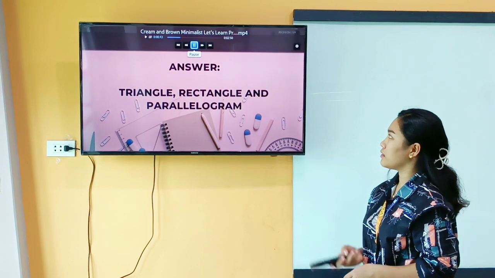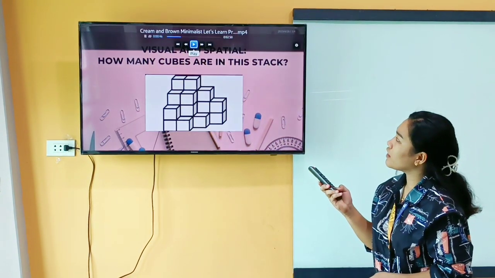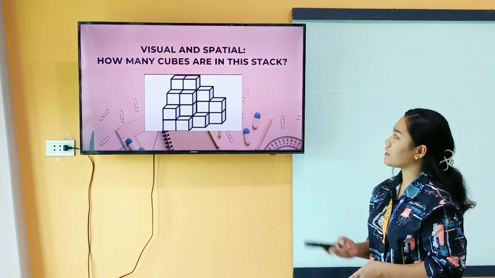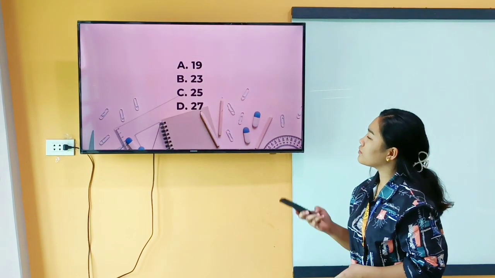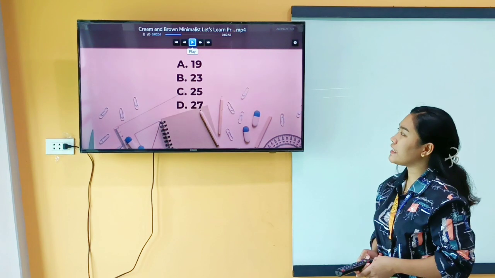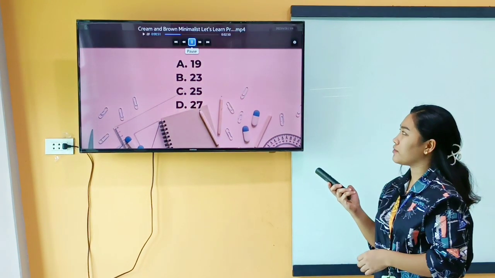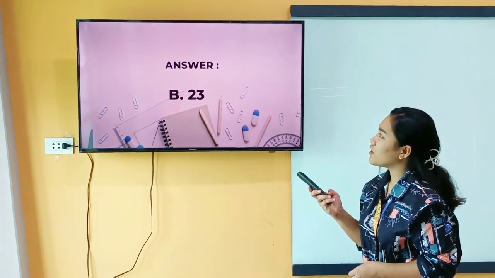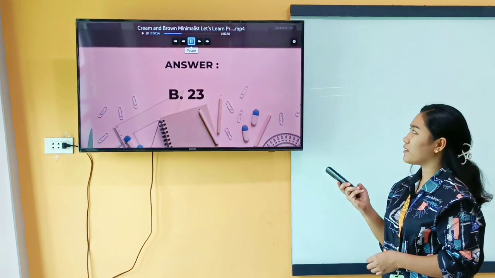Next, visual and spatial. How many cubes are in this stack? A 19, B 23, C 25, D 27. So what's your answer, class? Very good. The answer is B, 23.